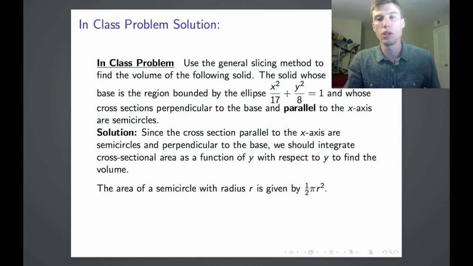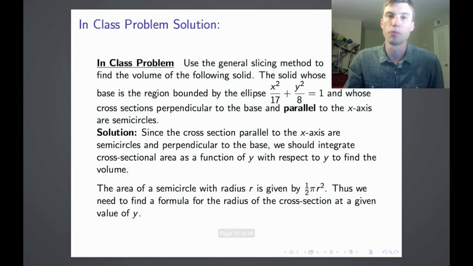So we know that the cross-sections are semicircles. The formula for the area of a semicircle is 1/2 pi r squared, where r is the radius of the semicircle. To find the formula for cross-sectional area at a given height y, we need to find the radius of the cross-section corresponding to that particular height.